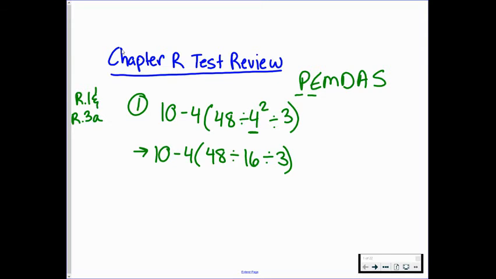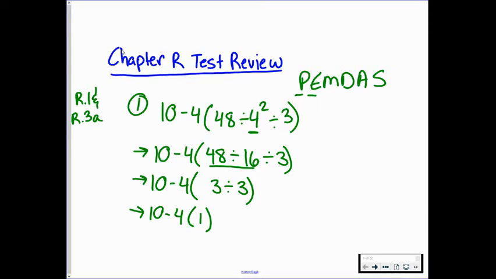Now I'm going to keep working inside those parentheses. We have 2 division signs, so we're just going to do it left to right. 48 divided by 16 is 3. Now the next step, we're going to keep working inside those parentheses. 3 divided by 3 is 1.